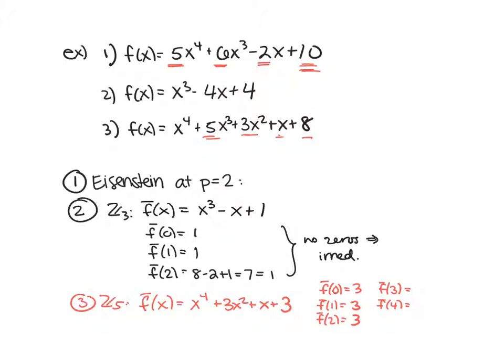If you plug in 3, let's see, 3 to the 4th is 1. 3 times 3 times 3 is 2. 1 plus 2 plus 3 plus 3 is 9, which is 4. And if we plug in 4, which is also negative 1, we get 1 plus 3 minus 1 plus 3. We get 6, which is 1. So we don't have any roots.